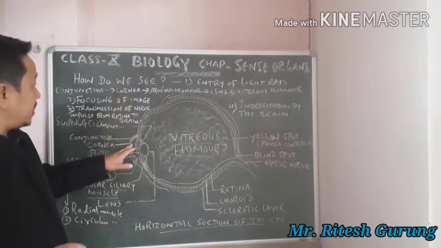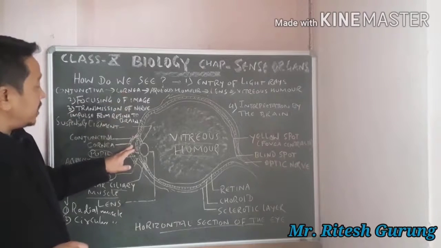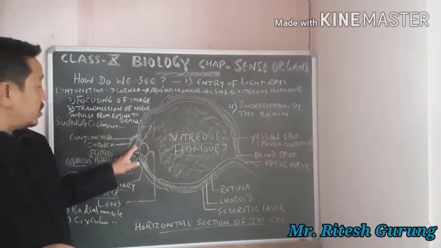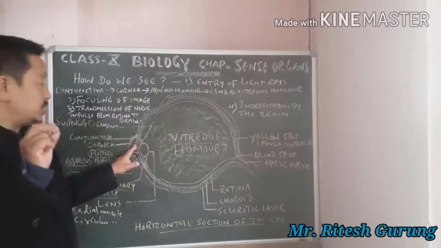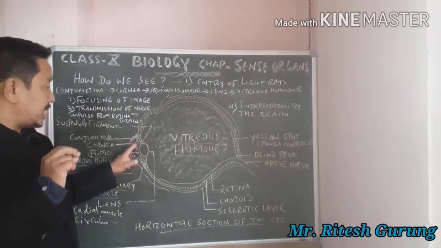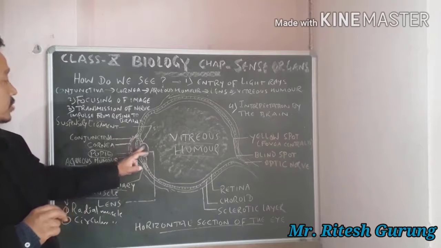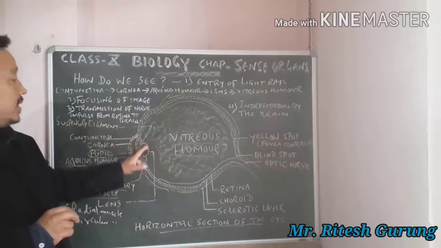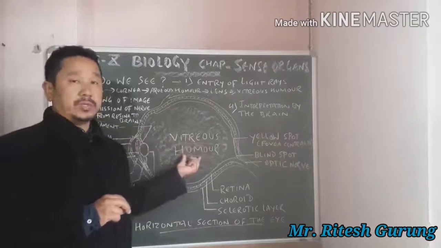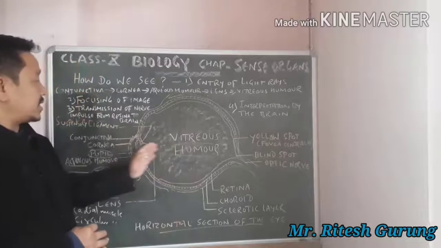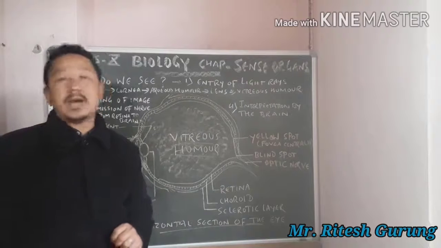From the cornea it goes to the aqueous humor, the watery fluid substance in the chamber here. From the aqueous humor it goes to the lens, and from the lens it goes to the vitreous humor. That way the light from an object passes through these transparent structures of the eye.